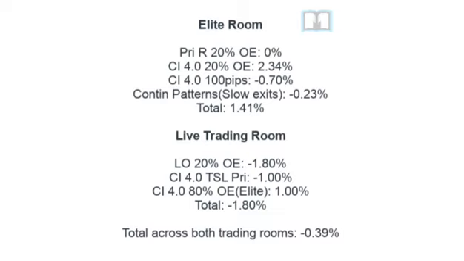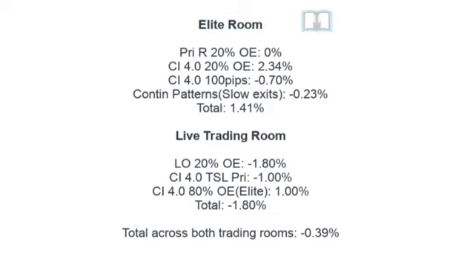So unfortunately, the cash-in has balanced itself out with one going down by 1% and one strategy taking it up by 1%. So that gives us a total of minus 1.80% for the live trading room.